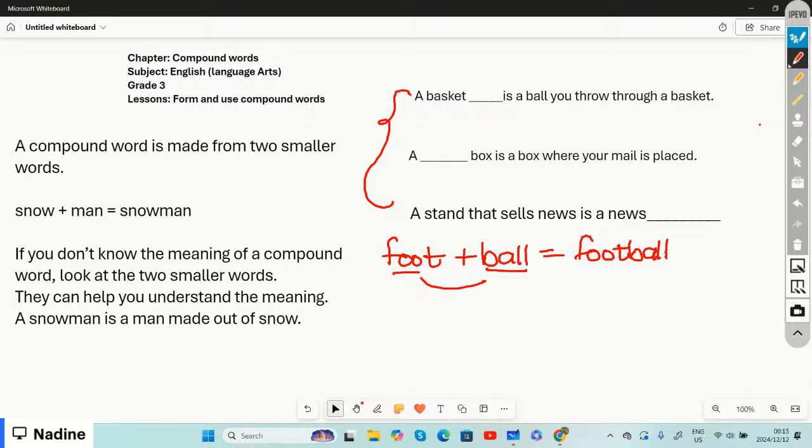If we look at more compound words, if we were to create more compound words, we have foot plus ball. What are more compound words that we can create?